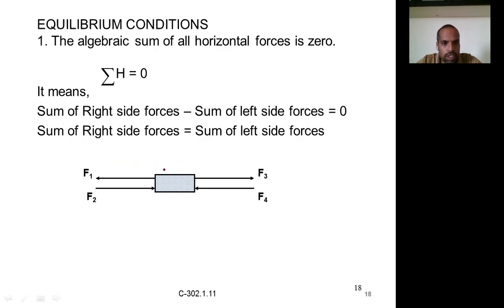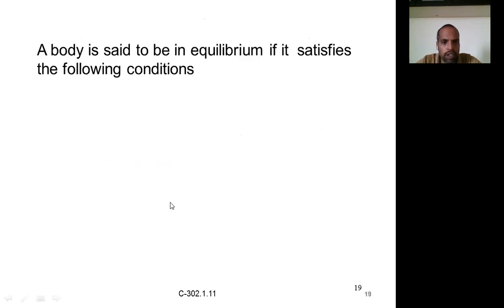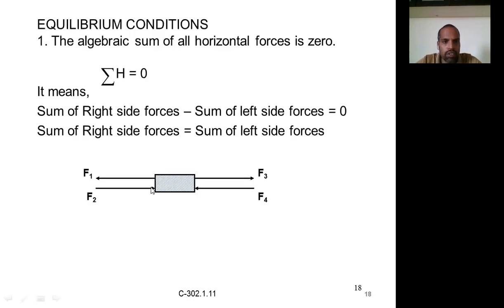Four forces are acting on this body. F1 is towards the left side, F2 is towards the right side, F3 is towards the right side, and F4 is towards the left side. So F1 and F3 are pulling the member, and F2 and F4 are pushing the member.